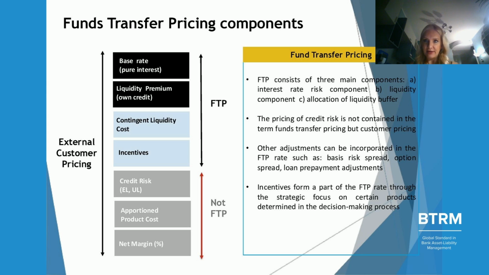You have the base rate, the risk-free curve, which is typical for the market where you are operating. For example, the SONIA curve in the UK is considered the risk-free curve, and this will be your basic element. Or sometimes we say this is the cost of hedging interest rate risk, and it's not calculated, it's basically taken from the market.